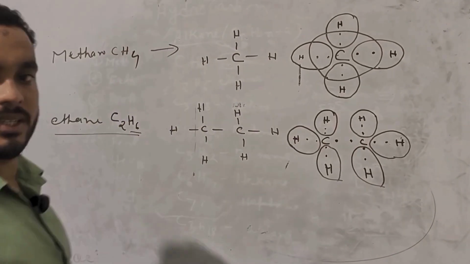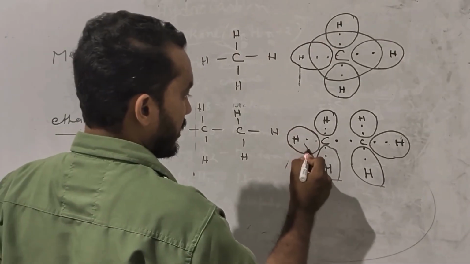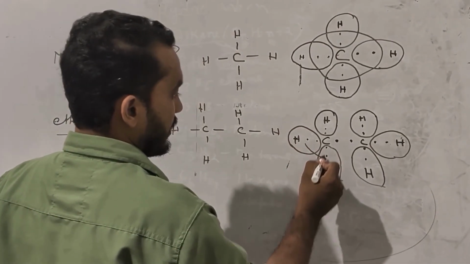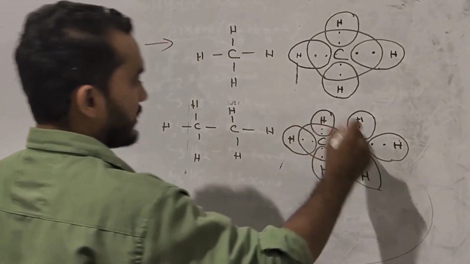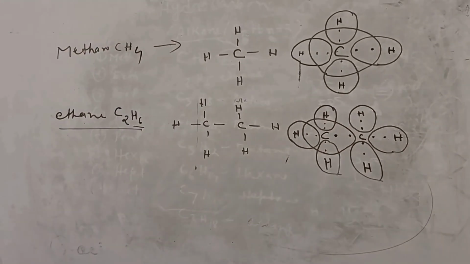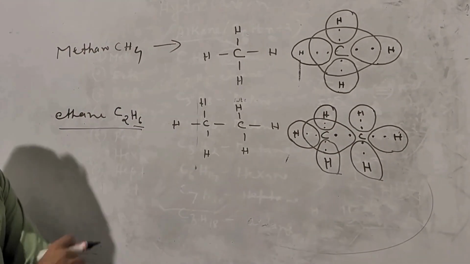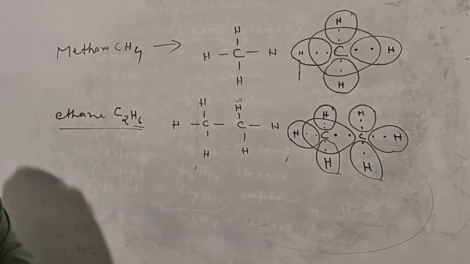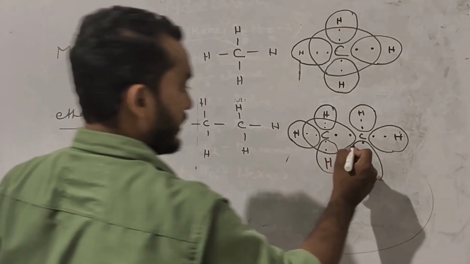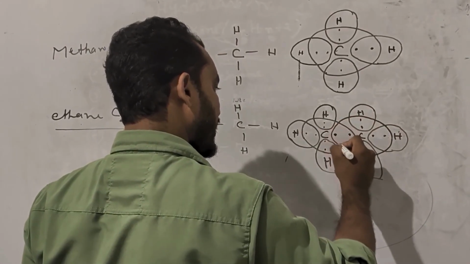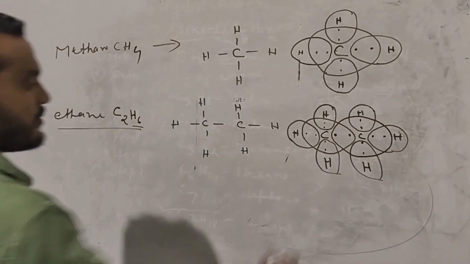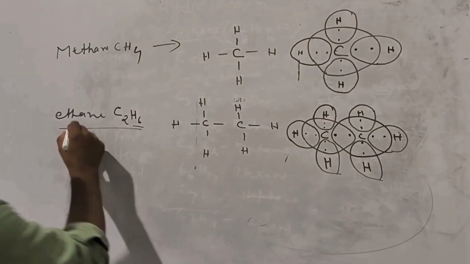Now hydrogen is clear. Now let's check for the carbon. See, 1 2 3 4 5 6 7 8. Yes, under the big circle there are 8 electrons. That means carbon also fulfills its octet. Here also 1 2 3 4 5 6 7 8. This is the structure of ethane.